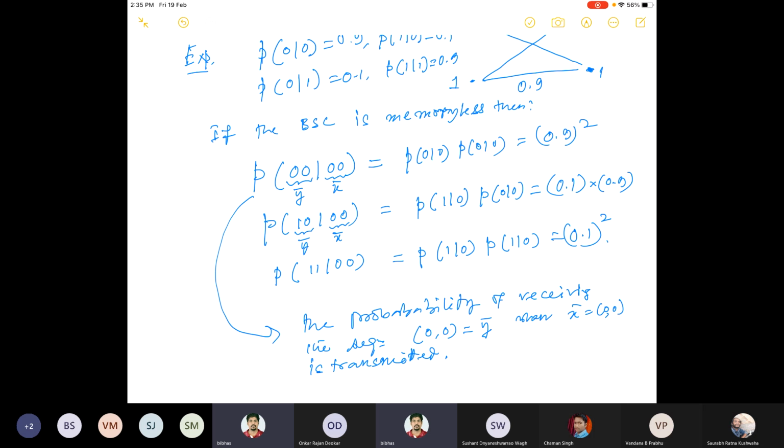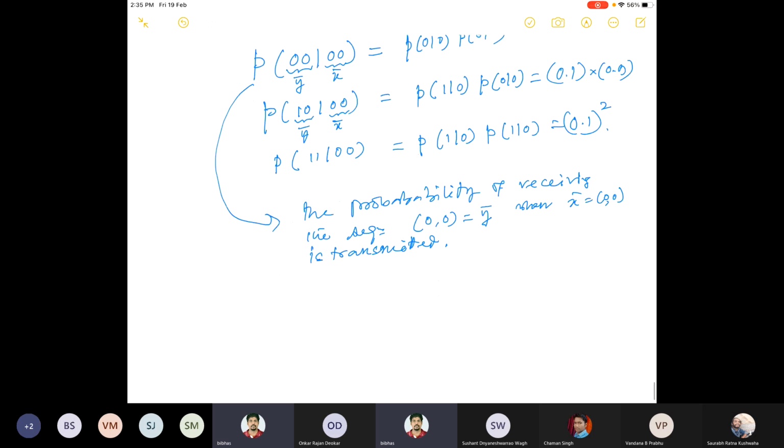Now, the main theme of understanding a channel is this. Before that, when we say the channel, there are some input letters, source letters, and some output letters, and you can have these probabilities, and also these probabilities.